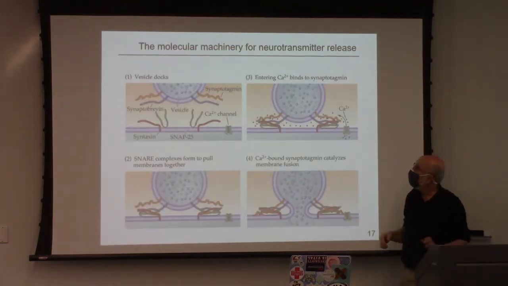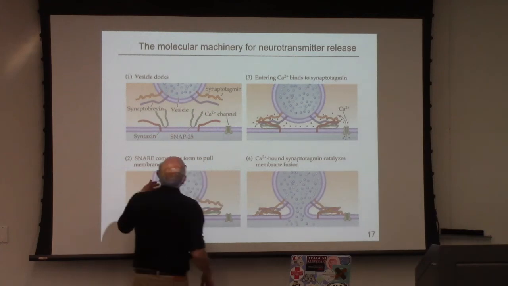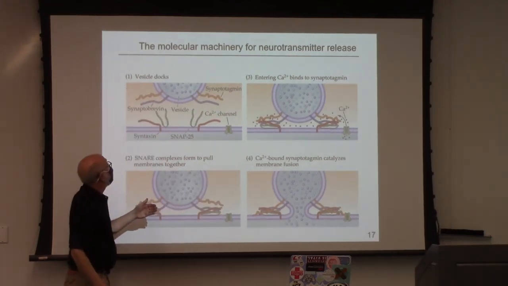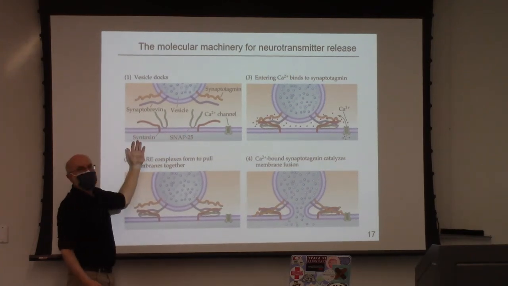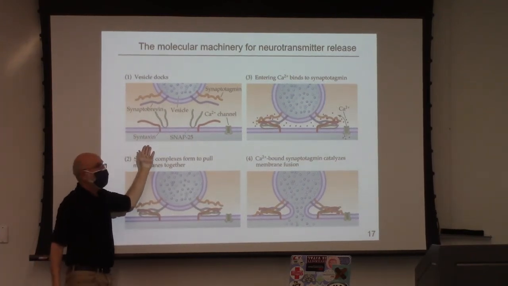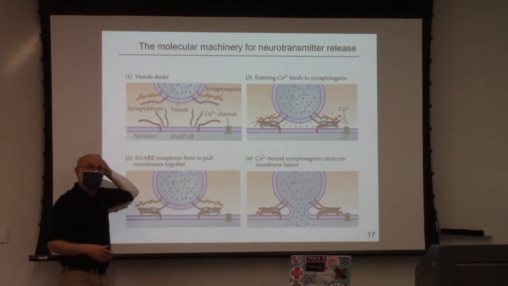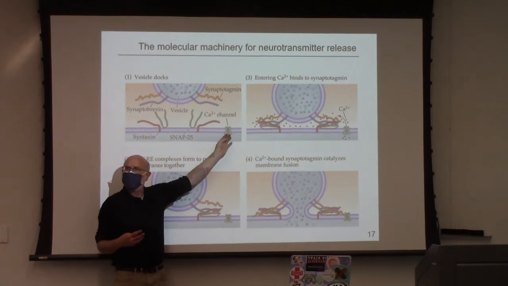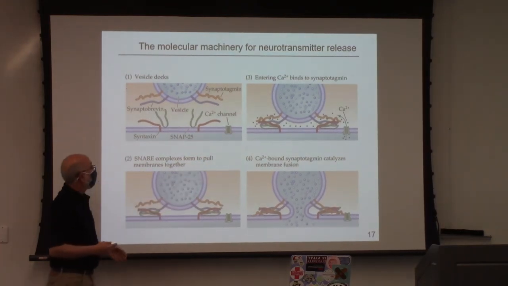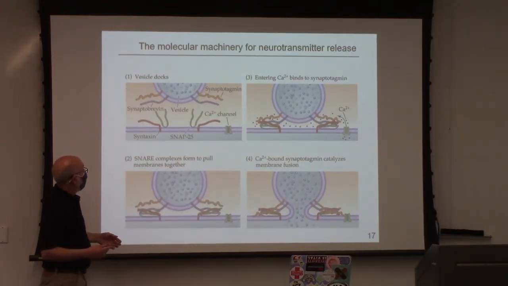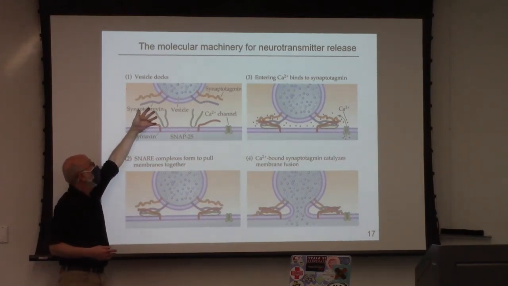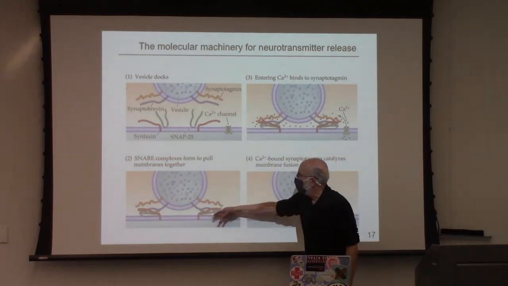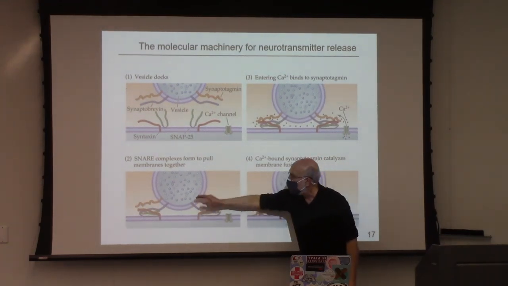And so in cartoon version, we've got V snares, including synaptotagmin, T snares that have names that I'm not going to ask you to learn, but they have names. And in fact, this is not all of them. And we have voltage-gated calcium channels that are localized pretty nearby. When the vesicle interacts through this coil interaction, the vesicle is docked.